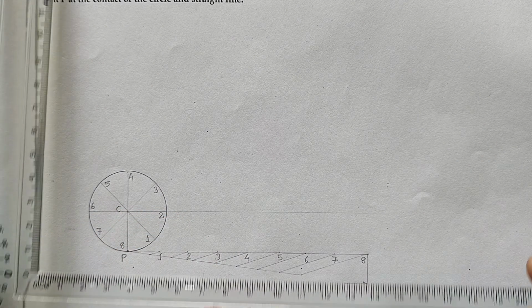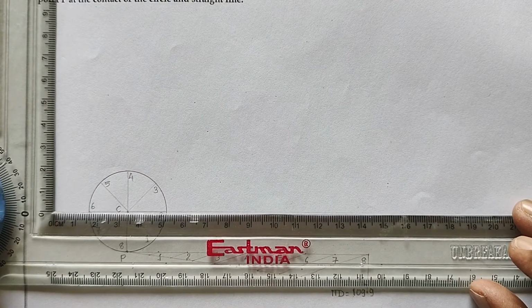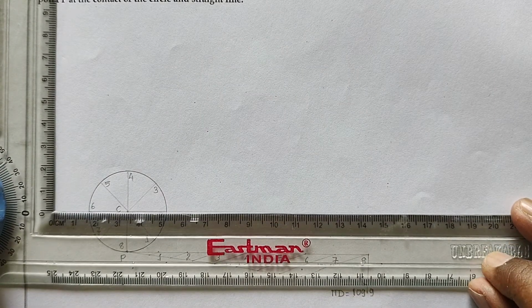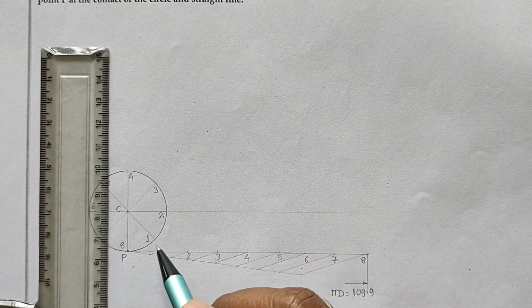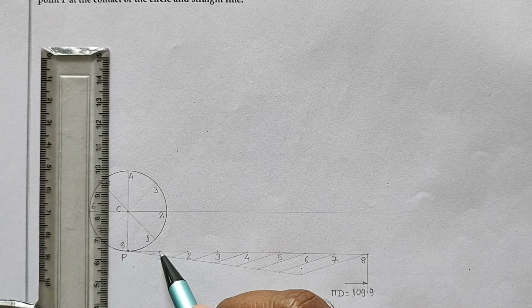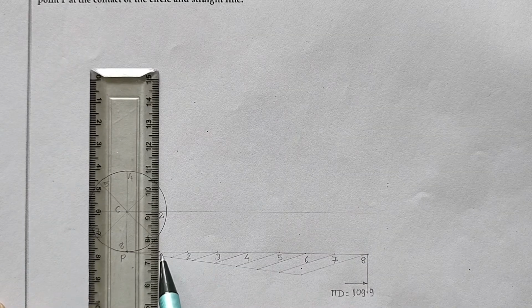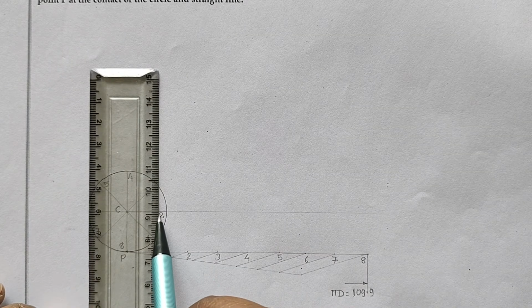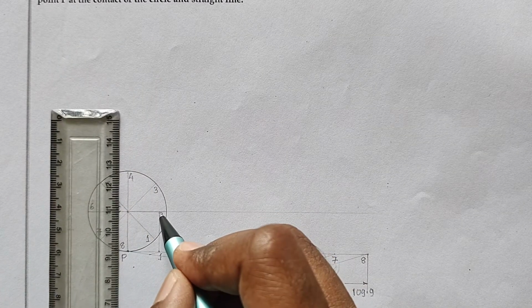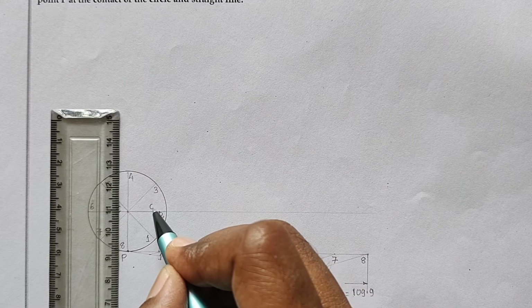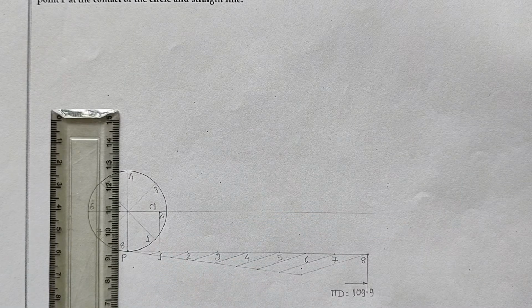So how to find that center? I am matching this horizontal center line and locking the drafter. Now when this 1 matches, I have to draw a vertical line up to the center. So this will be C1, center 1 position.